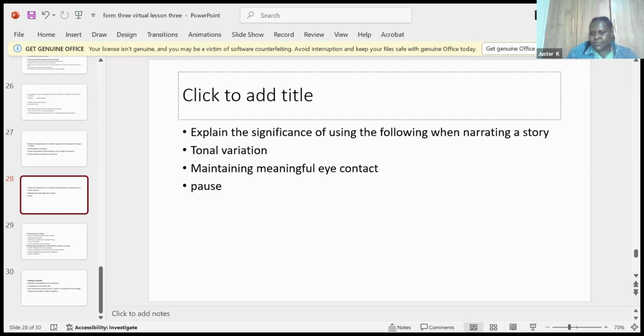After you have written, I'll give you a minute and then we'll take answers from you. At least have three each: three for the significance of tone of variation, and three for meaningful eye contact.